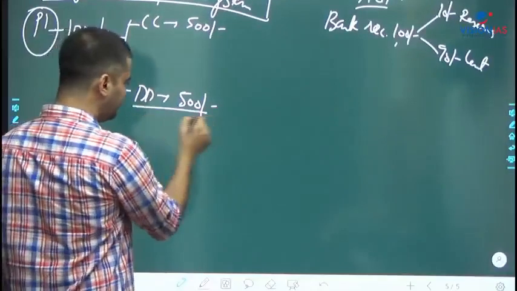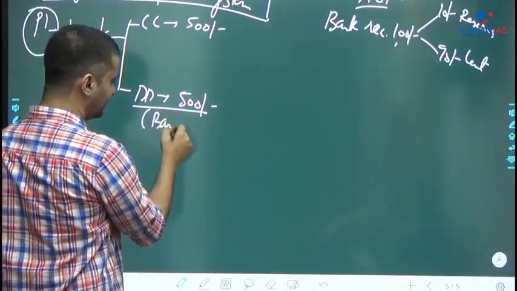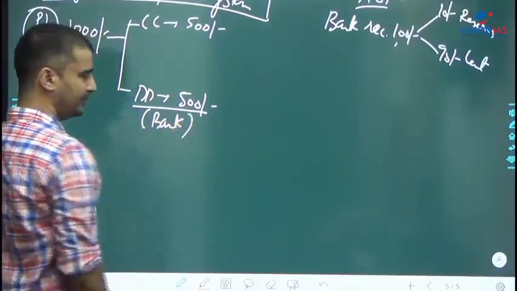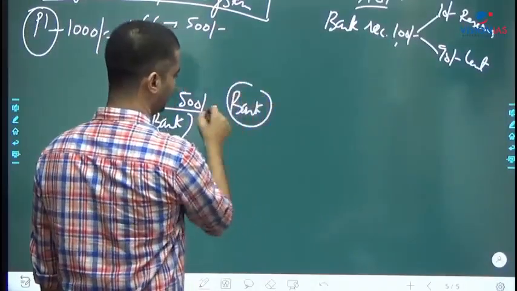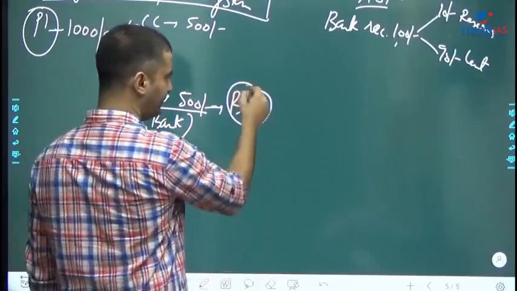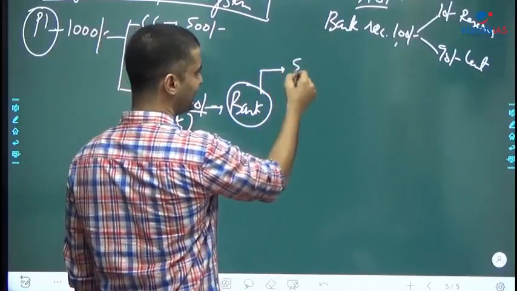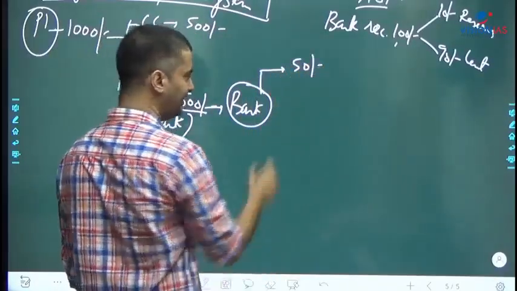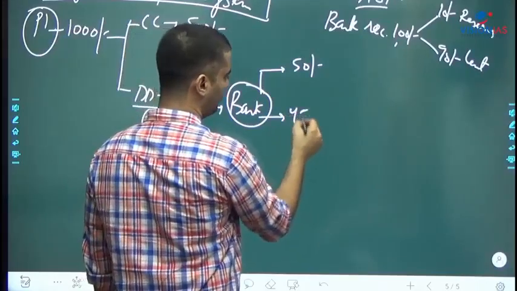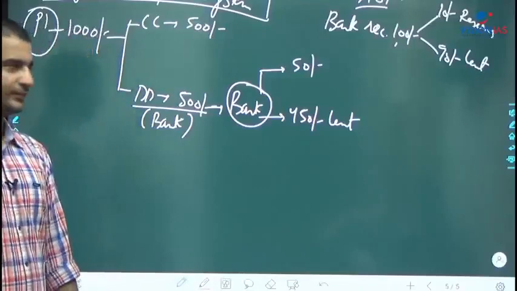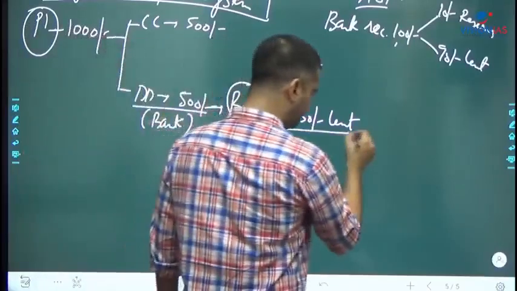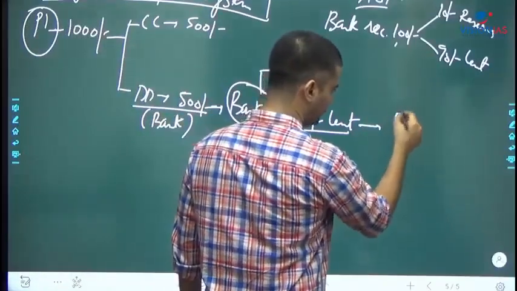This deposit will be done in a bank. Bank will receive 500. Out of 500, bank will set aside 50, 10%. Remaining amount 450 is lent by the banking system. This amount 450 is lent to person 2.